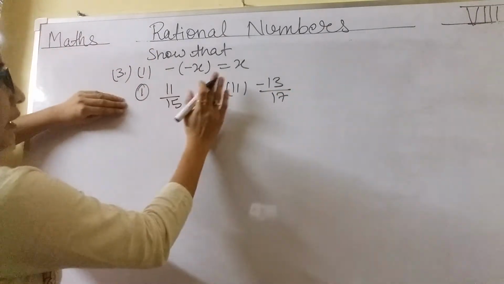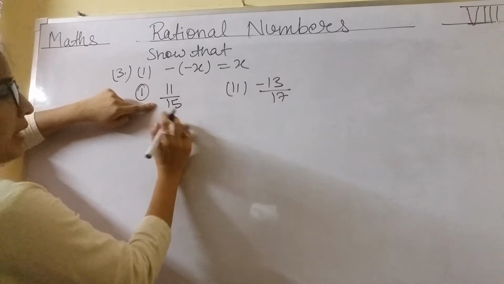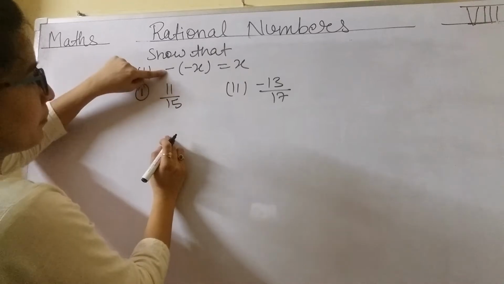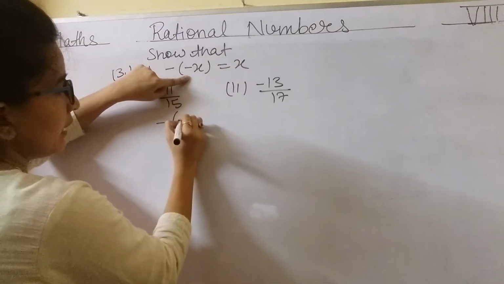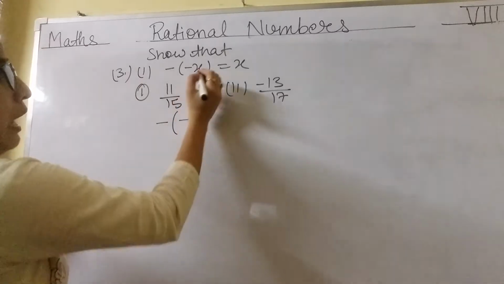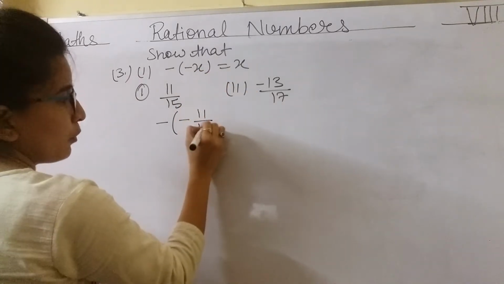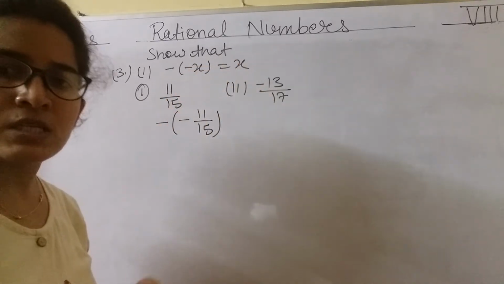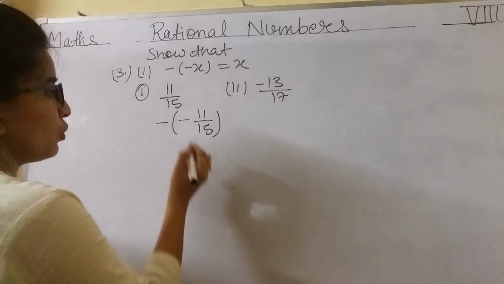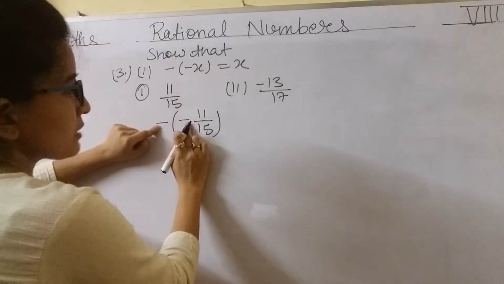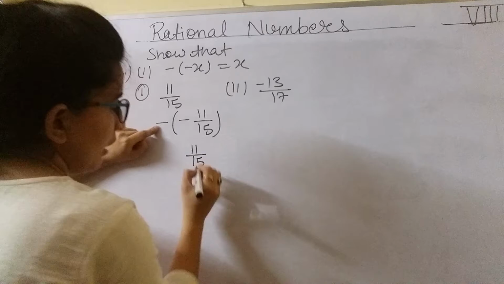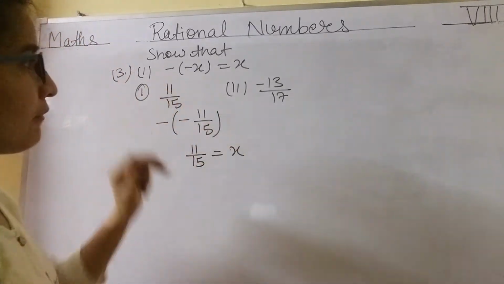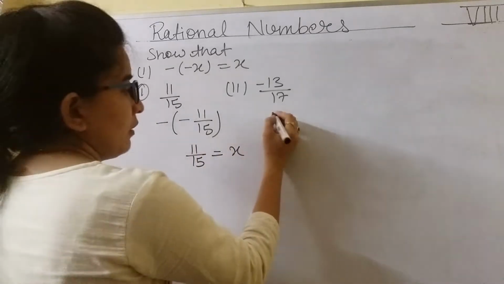So if I put the value of x, 11/15, in the place of this x, I have to take minus here, and inside the bracket I have to take another minus, and in the place of x I'll put 11/15. So that should be equal to x, which is 11/15 itself. Minus will be plus, so I'll get 11/15, which is equal to x, which was 11/15 itself.